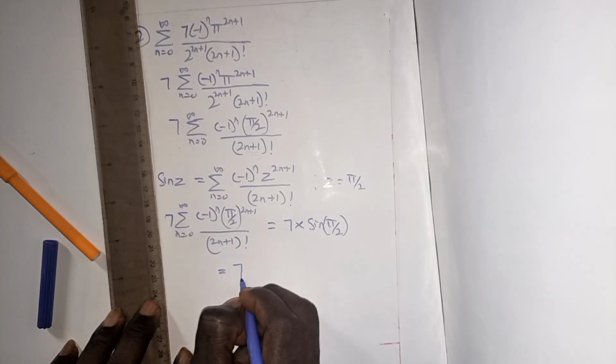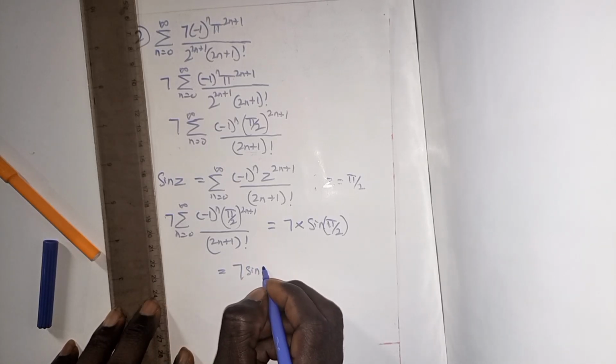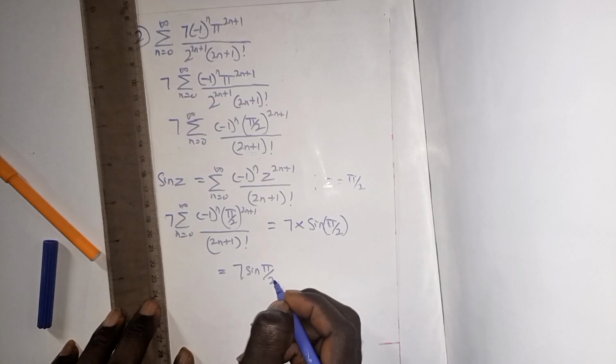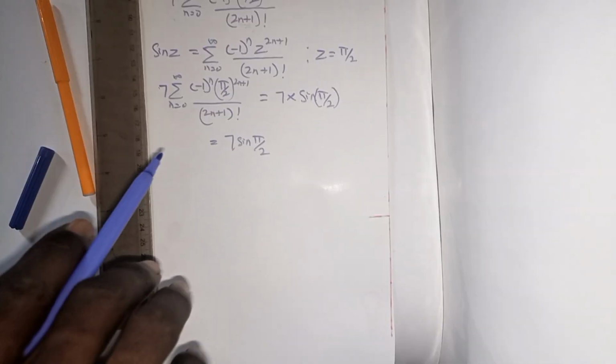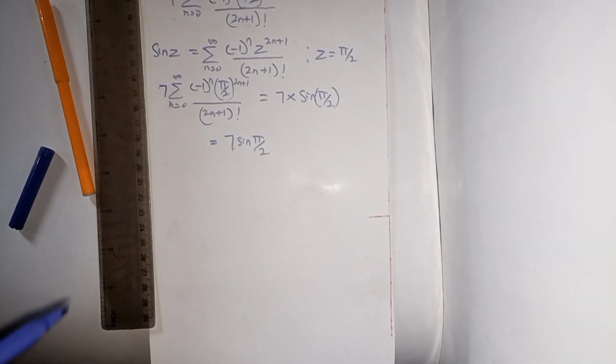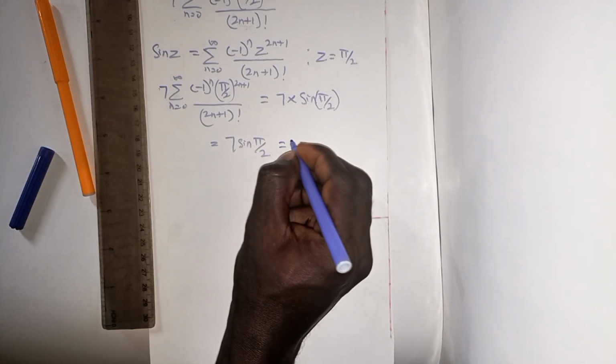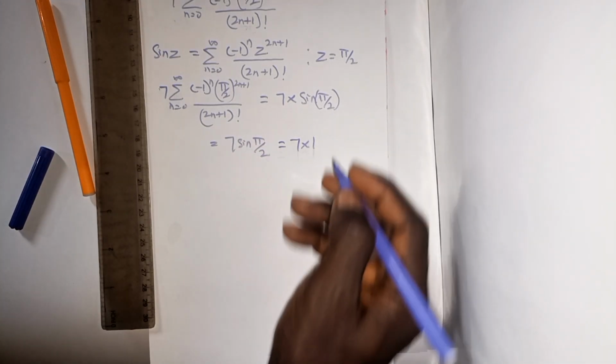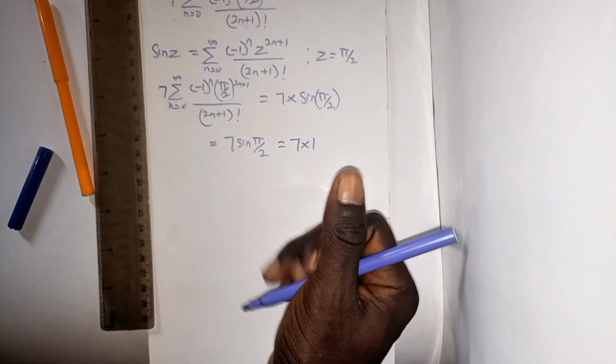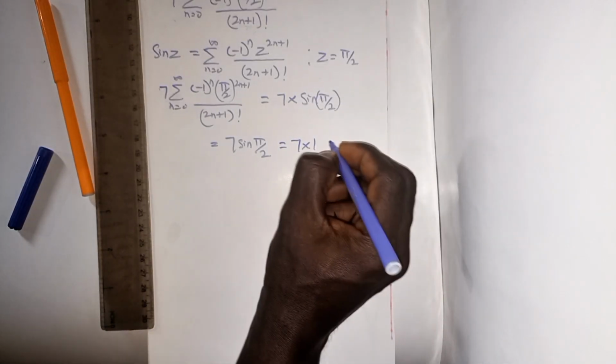And we know that sine pi over 2 is 1, so 7 times 1, which is 7.